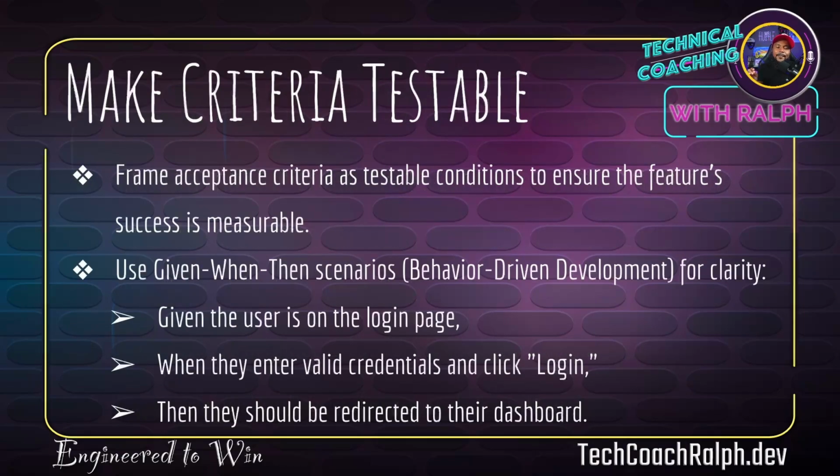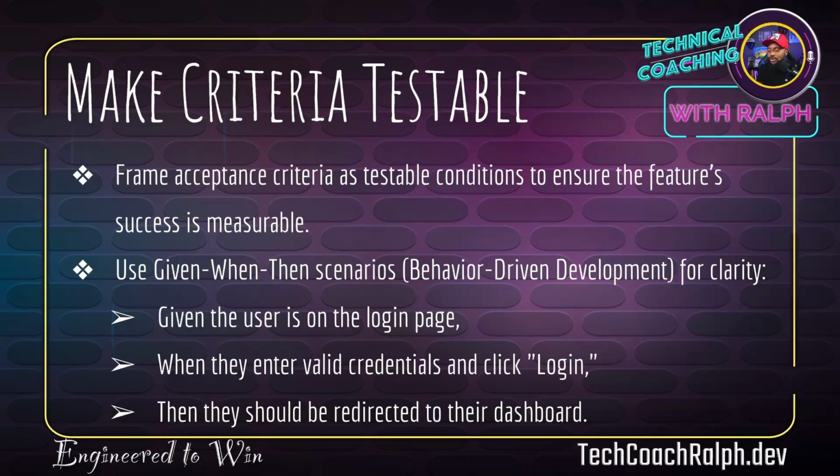And then make the criteria testable. Frame acceptance criteria as testable conditions to ensure the feature's success is measurable. Use given-when-then. If you remember when we spoke about behavior-driven development, use given-when-then scenarios for clarity. Given the user is on the login page, when they enter valid credentials and click login, they should be redirected to the dashboard. That's one way of doing it.